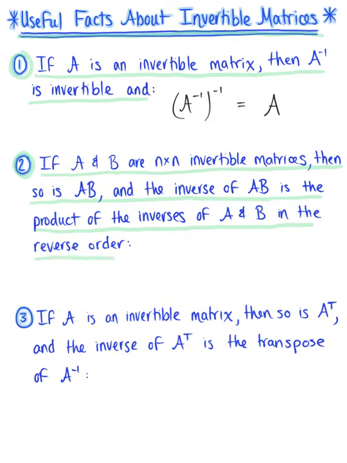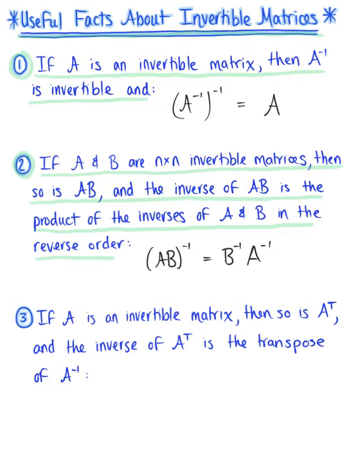So what is this saying? Well, this is saying that the inverse of the product matrix A times matrix B is equal to the product of the inverse of matrix B multiplied by the inverse of matrix A. And again, we'll look at the corresponding proof to this useful fact momentarily.